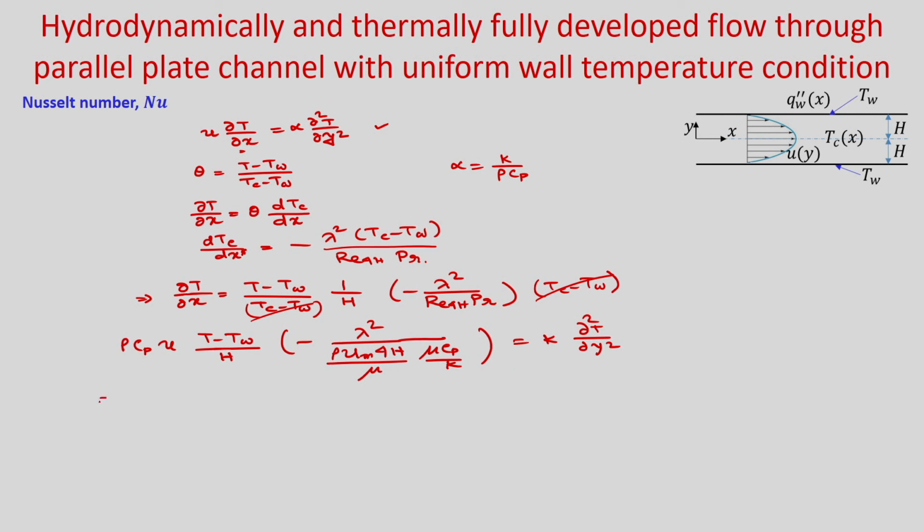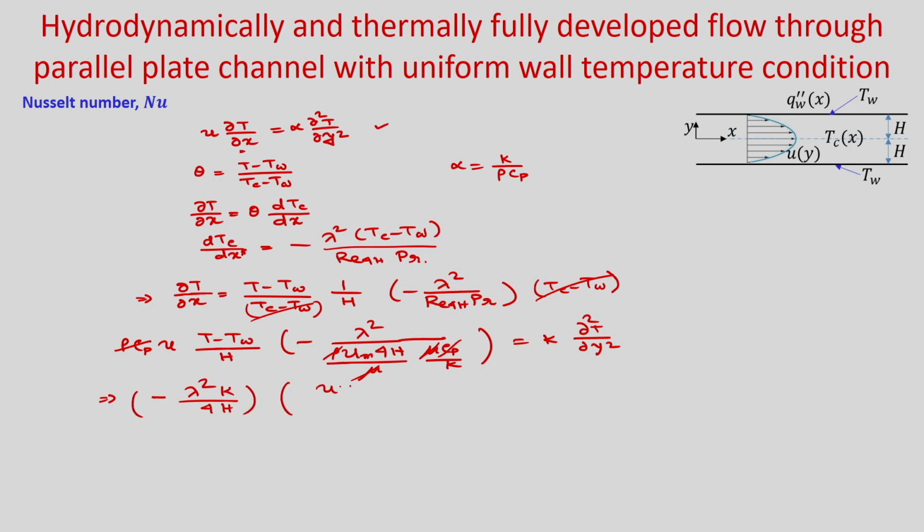So rho Cp you can cancel, then mu will get cancelled, and now if you write it will be minus lambda square k by 4 h.